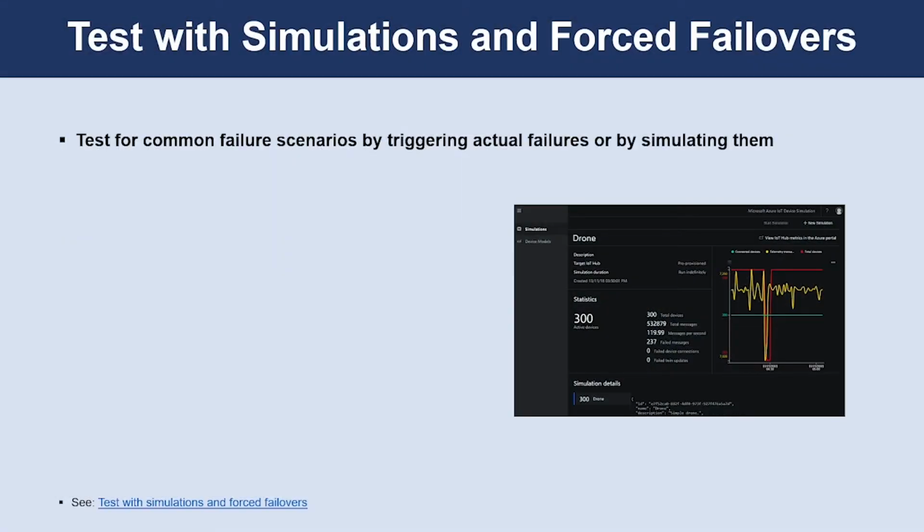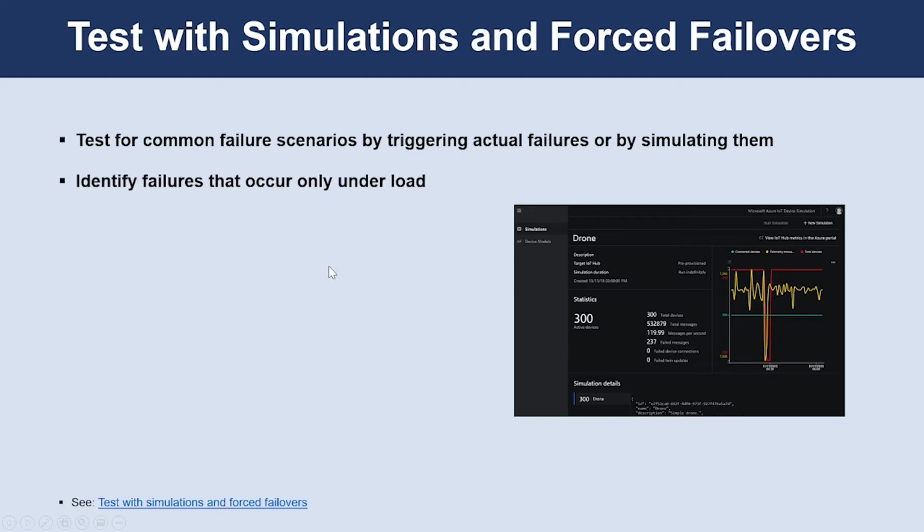Testing for reliability requires measuring how the end-to-end workload performs under failure conditions that only occur intermittently. So, test for common failure scenarios by triggering actual failures or by simulating them. Use fault injection tests to test common scenarios, including combinations of failures and recovery time.